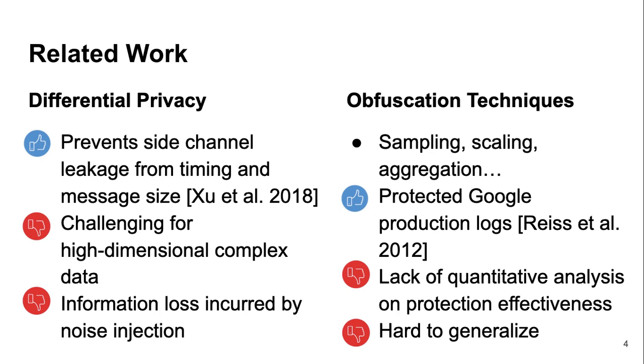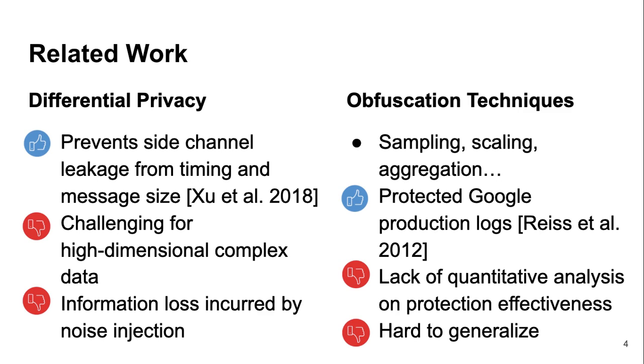There are two different types of protections for log data: differential privacy and empirical obfuscation. Differential privacy has been used to prevent side-channel leakage from timing and message size. However, applying differential privacy can be challenging for high-dimensional complex data, and for some applications, we cannot afford the information loss incurred by noise injection.